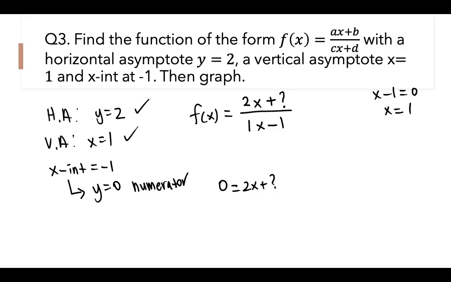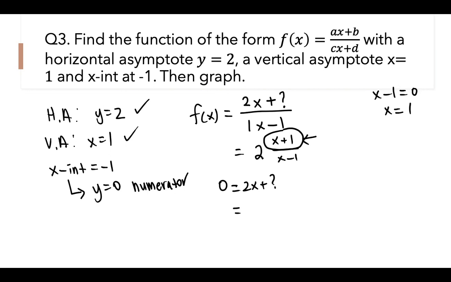We can assume that we can factor out the 2 over here, so it's going to be 2 times x plus 1, over x minus 1. Just by looking at it, we know that the x-intercept is going to be -1.